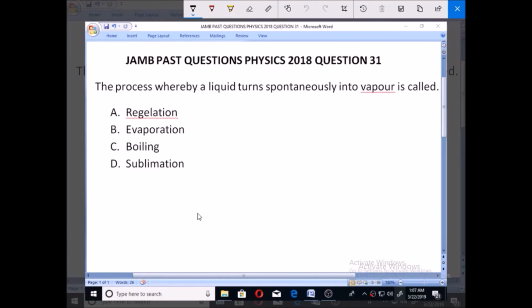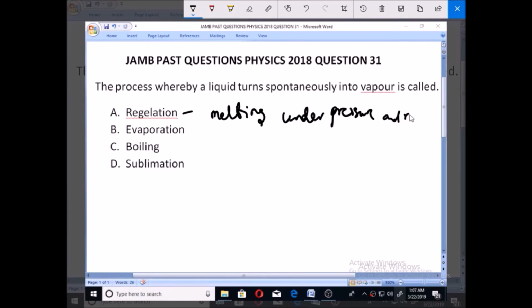Now, for us to get it into context, I'm going to define each of the words that we have. Number one is regelation. What is regelation? Regelation is a phenomenon of melting under pressure. So when there is melting under pressure, we call it regelation.